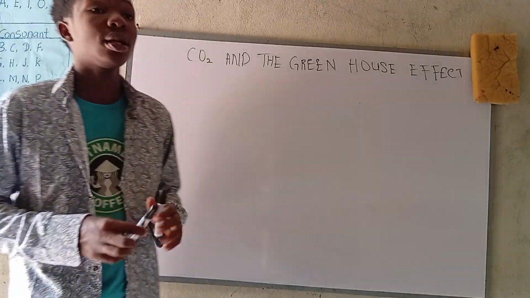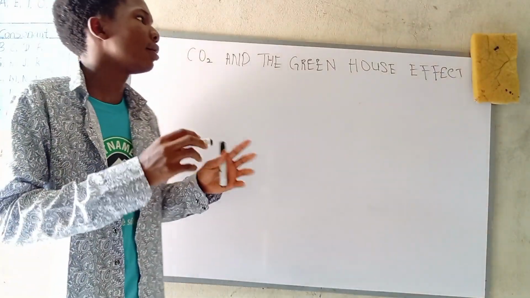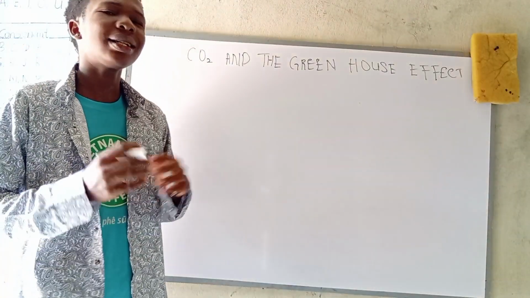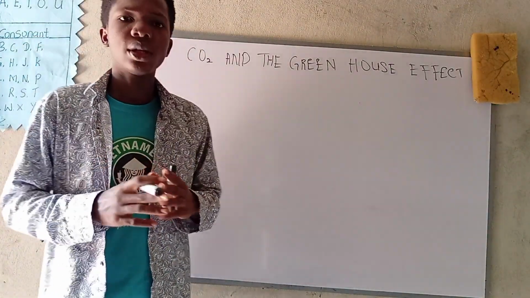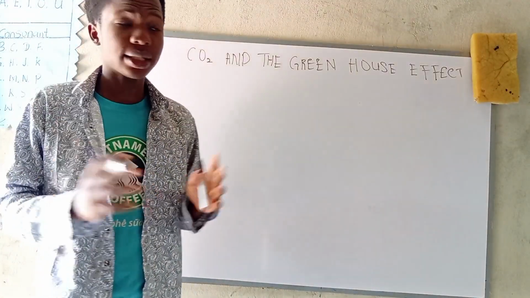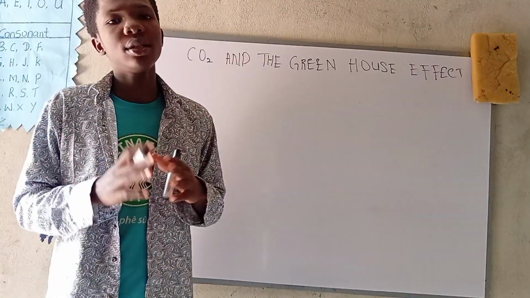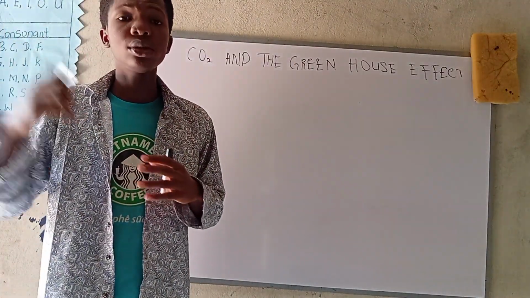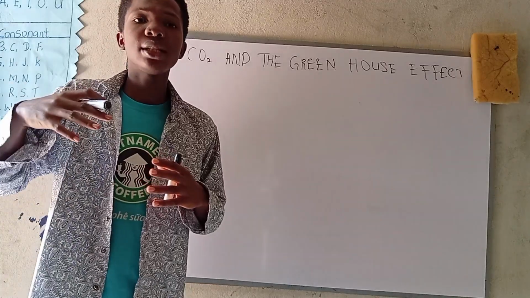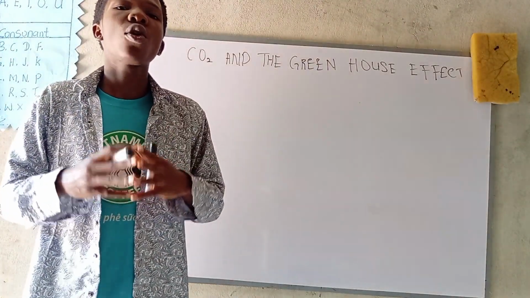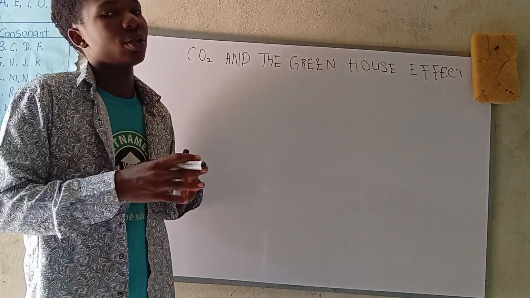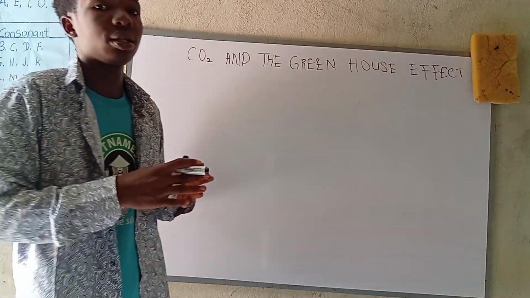Okay guys, about CO2 and the greenhouse effect, there are things I want you to know. First of all, let me tell you the processes. When the sun brings heat to the earth, cosmic radiations, which is infrared.